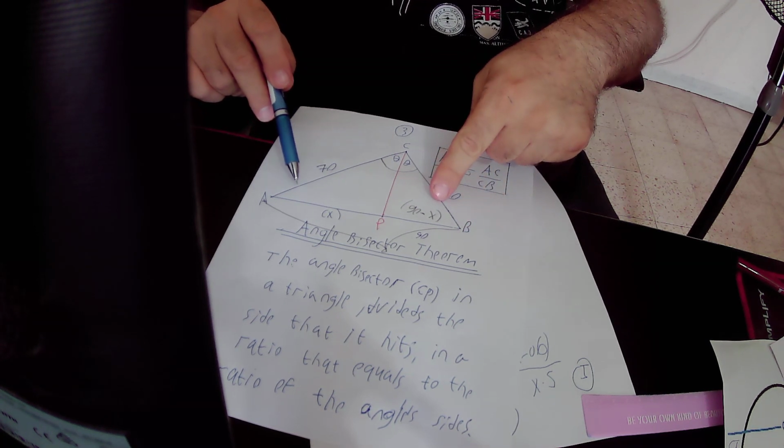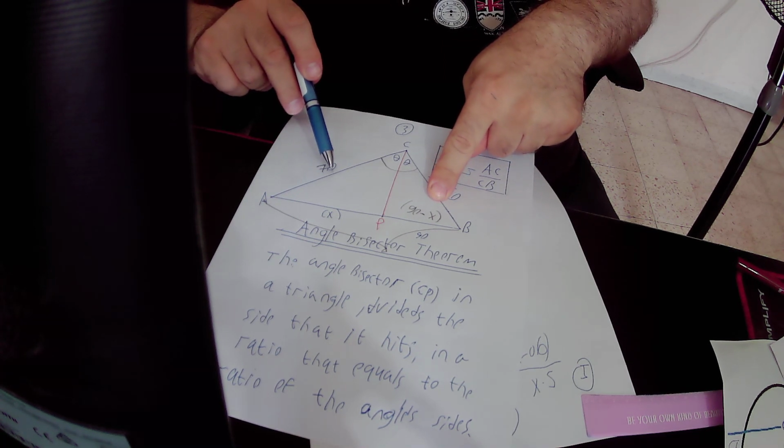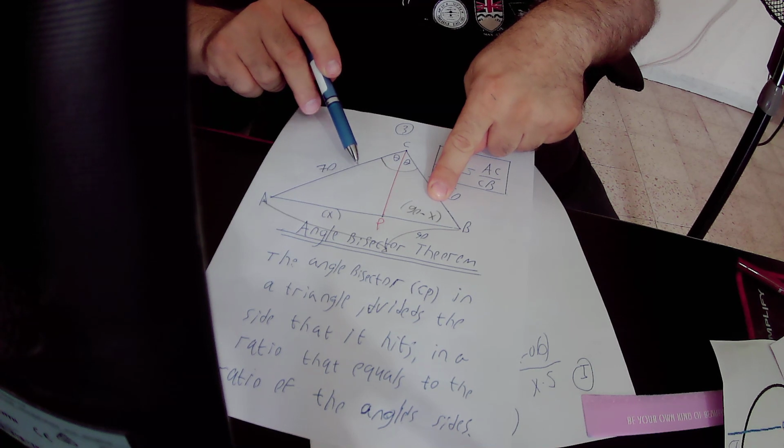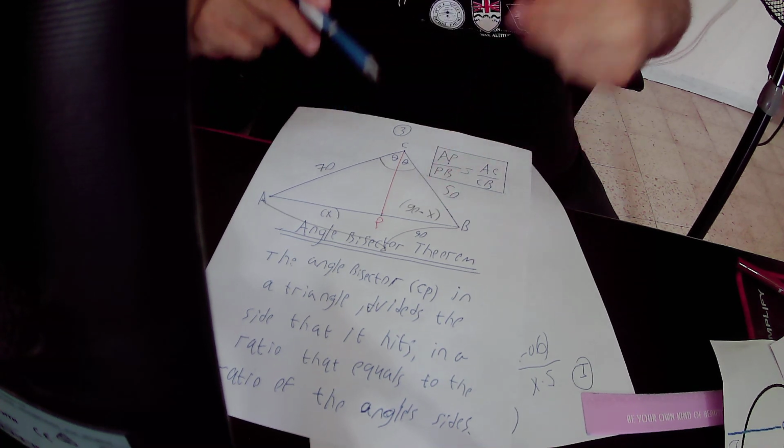So 90 minus x must be a positive number, it can never be 0.